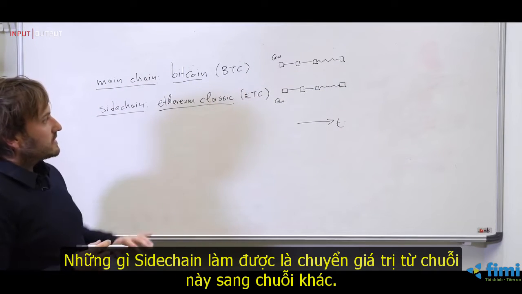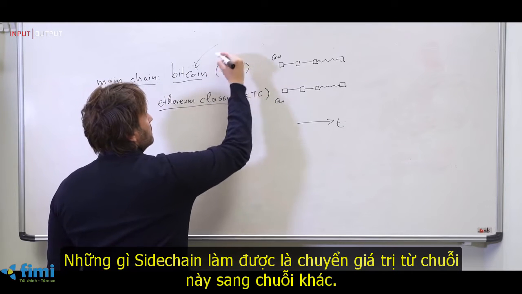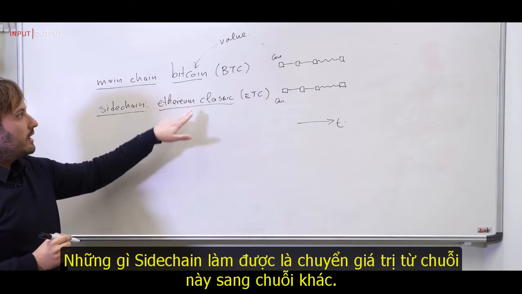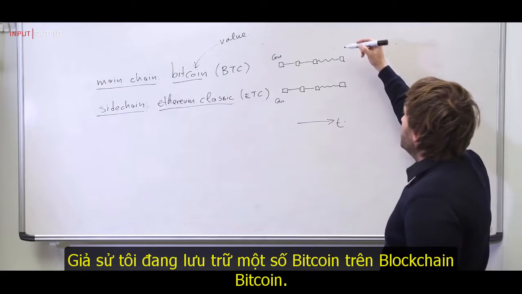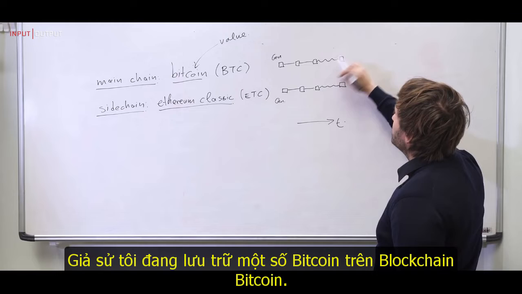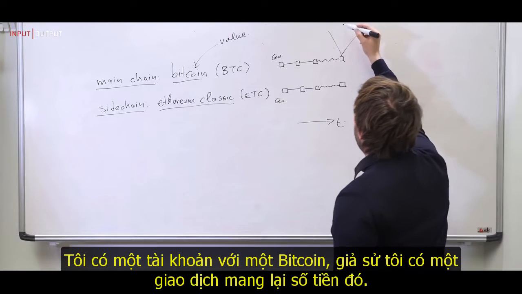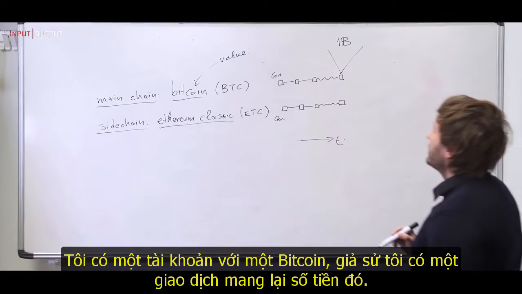Now, what sidechains allow us to do is to move value that is denominated in one of these two into the other blockchain. So the idea is that, let's say I'm storing some Bitcoin in some account on this blockchain. Imagine I have some sort of account to my name with 1 Bitcoin.